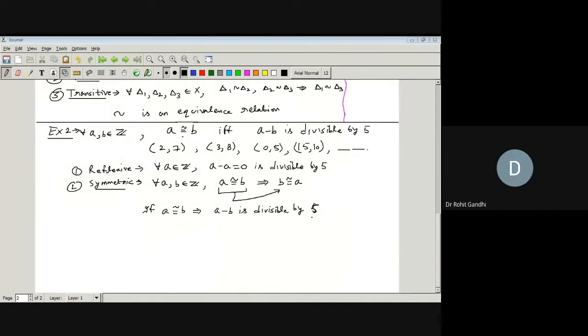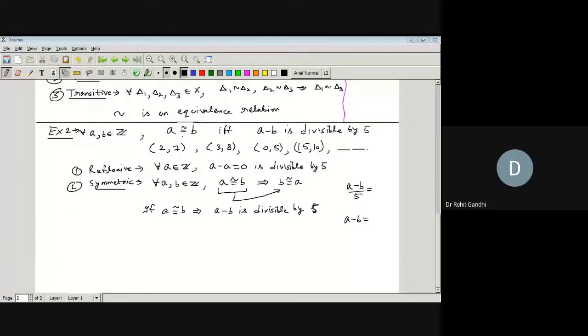Wait, if a minus b is divisible by 5, then how can I write a minus b in terms of 5? Yes, Naman.